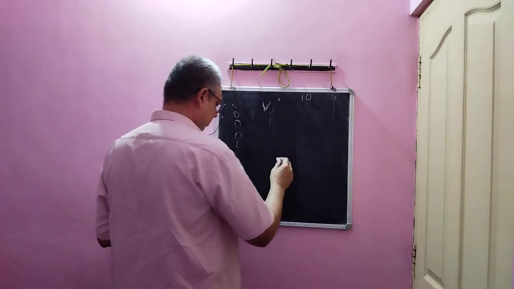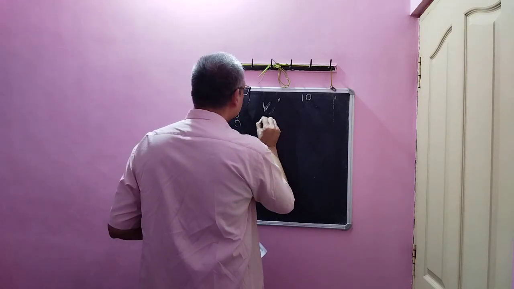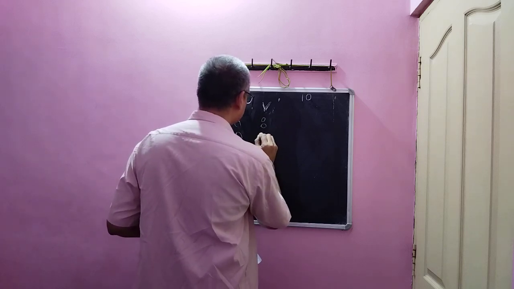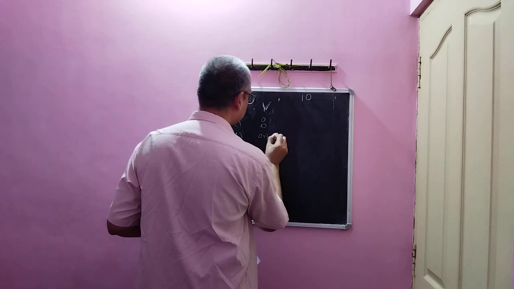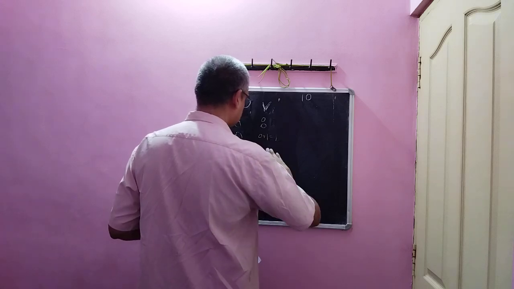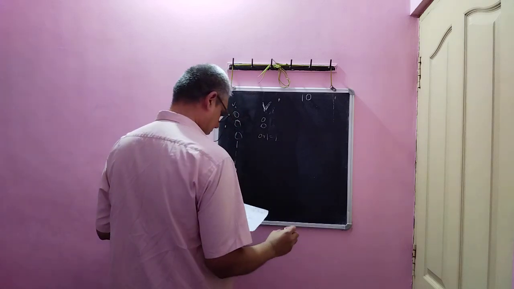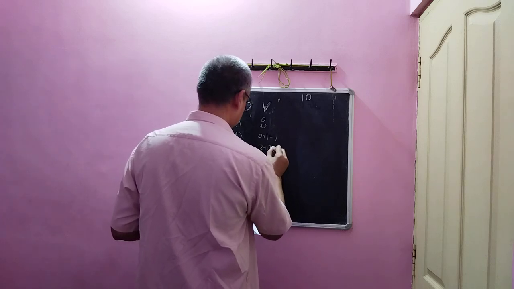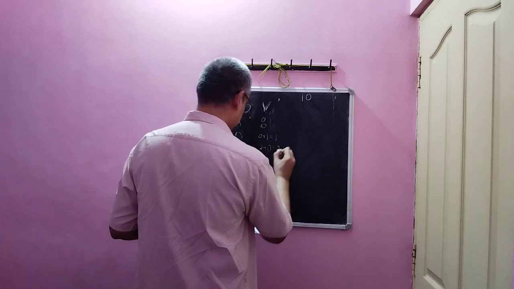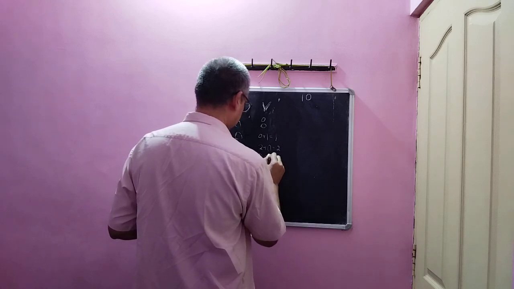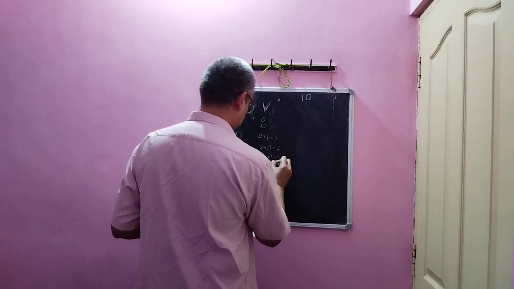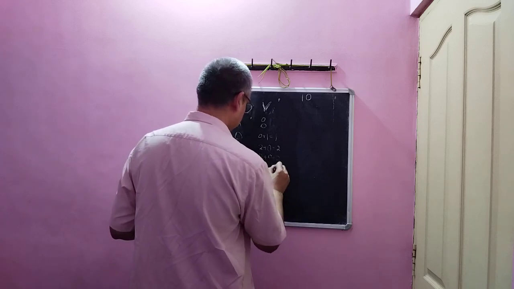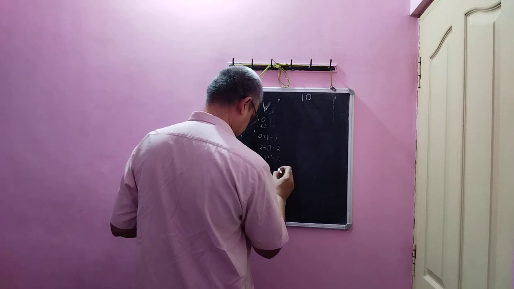It will turn out to be 0, 0, 0 plus 1 equal to 1. 2 plus 0 equal to 2, or again 2 plus 0 equal to 2. 2 plus 1 is equal to 3.